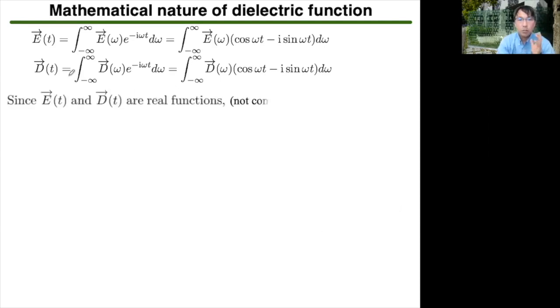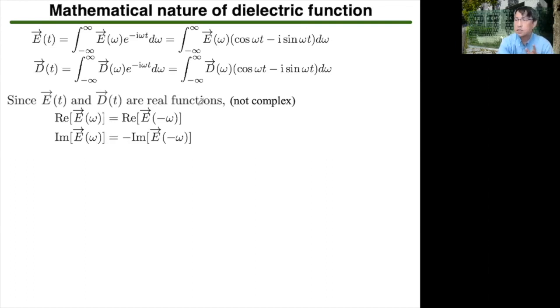Of course, both the electric field and the electric displacement field D must be real vector functions of time t. In order to satisfy this condition, since cosine omega t is an even function of the angular frequency omega, while sine omega t is an odd function of the angular frequency omega, the imaginary part of the Fourier transform must be an odd function of angular frequency omega.